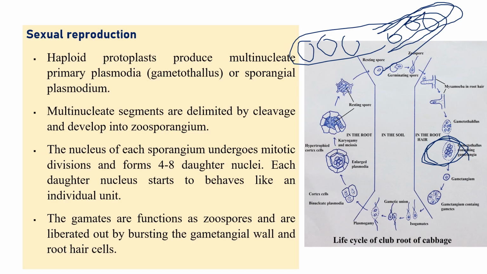When the root breaks down, or when the zoospores are released, before releasing, each nucleus forms a cell wall around itself and is released like a zoospore. So from each infection, 4 to 8 daughter nuclei are produced, and the daughter nuclei later function as zoospores. This is phase number 1.